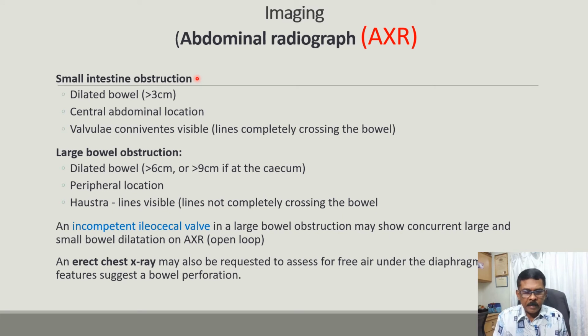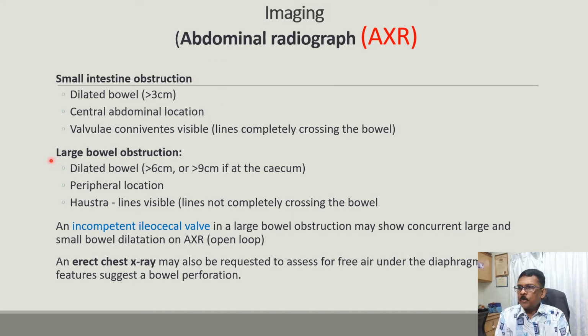A diameter of the small bowel of more than 3 centimeters is considered dilated, and these dilated bowels are located in the center of the abdominal cavity, and you may be able to see valvulae conniventes, which are transverse bands that cross the whole length of the small intestine, due to mucosal folds.